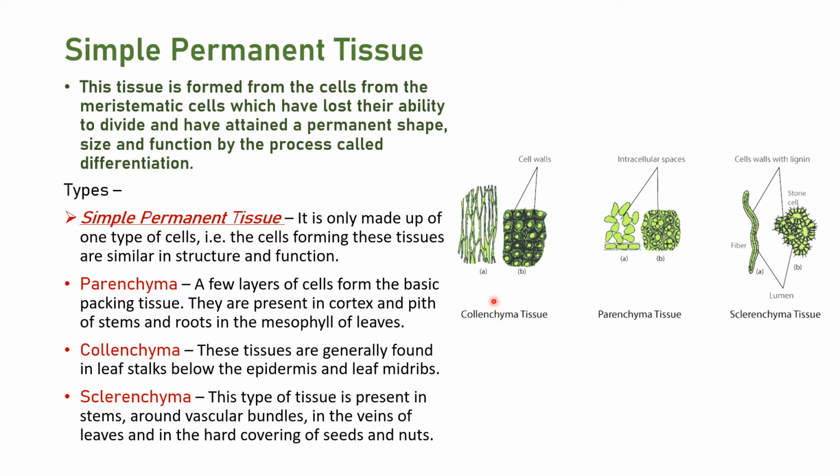So the middle part of the plant requires a lot of strength, and sclerenchyma gives mechanical strength, due to which plants are steady, stay at their position, and can tolerate any kind of force, wind force, right?